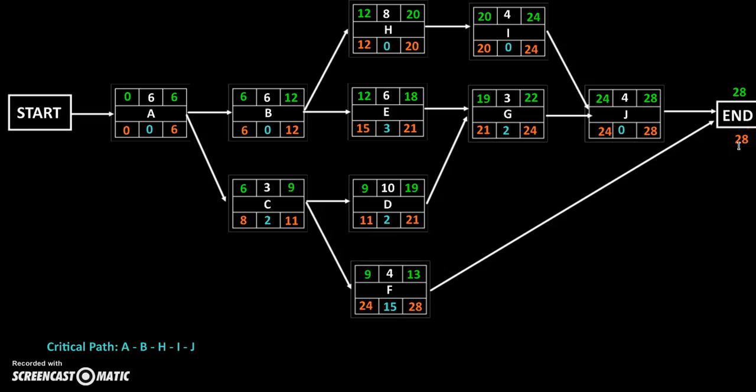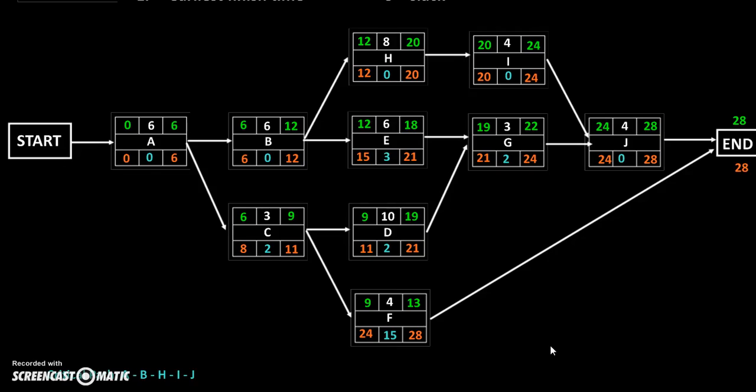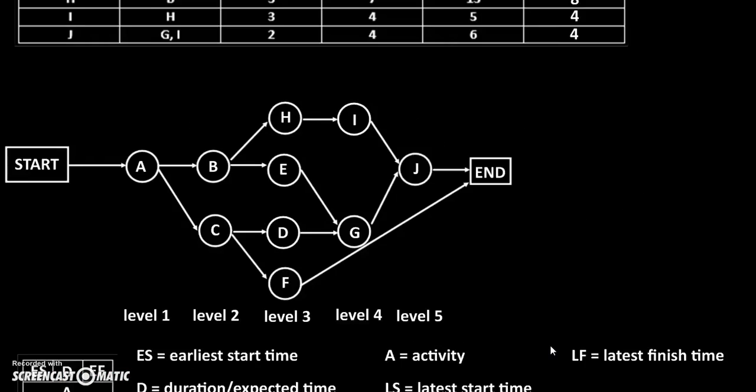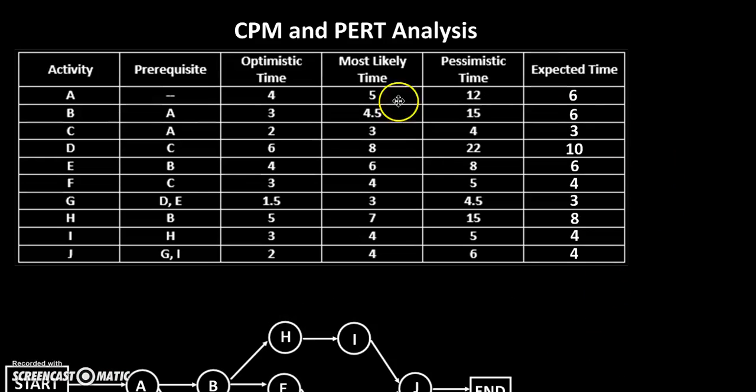So if you read the package that you were given, it gave you a formula for the variance. Let's scroll way back up to our table, and that formula looks like this.